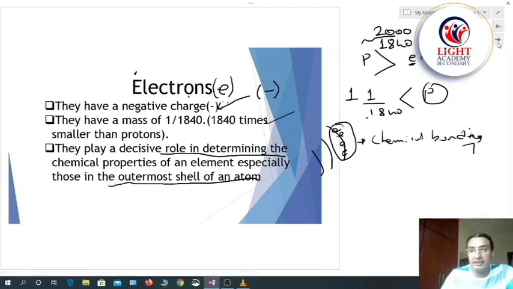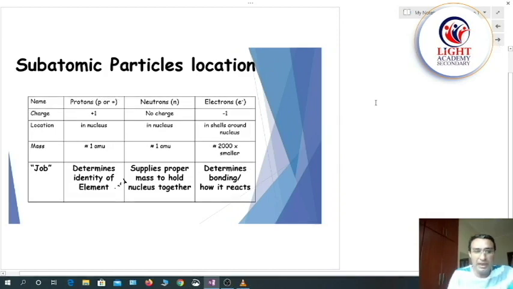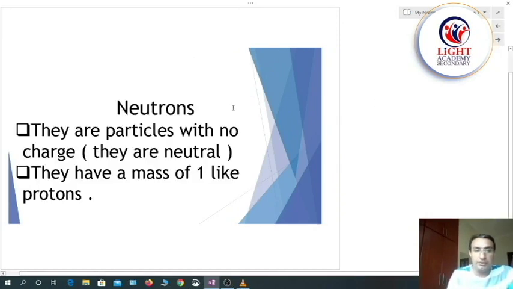Okay, our next particle is neutrons. So neutrons, my dears, can be represented by a small n, and they don't have any charge, neither positive nor negative, and they have mass, okay. The mass of a neutron is almost equal to the mass of a proton.